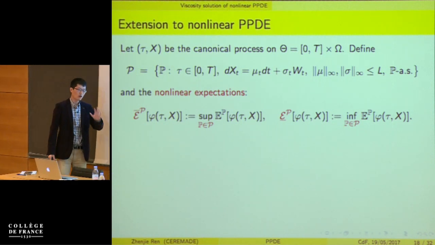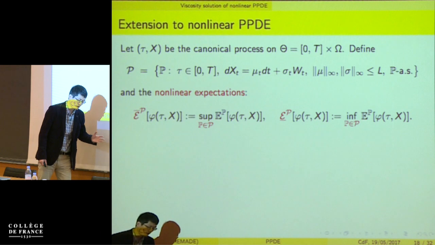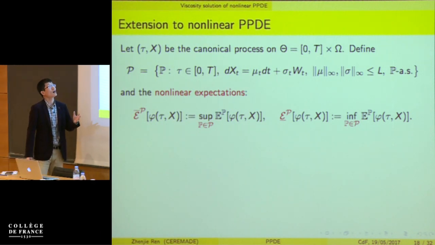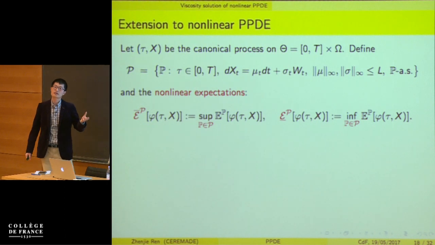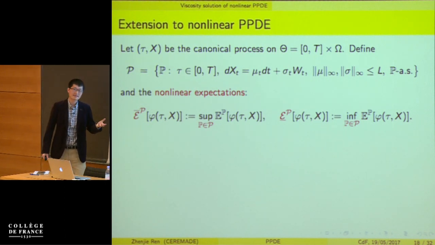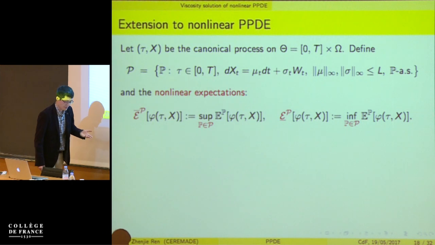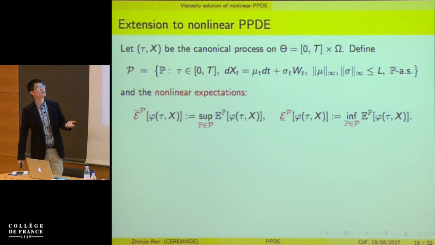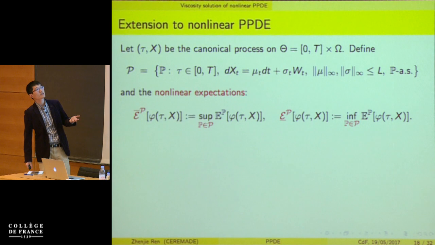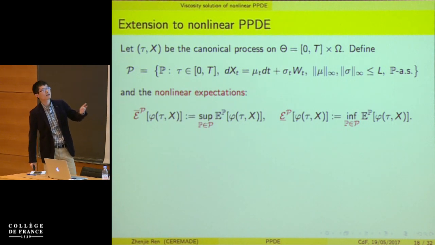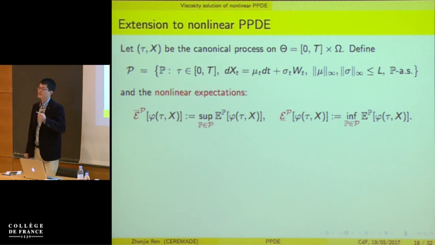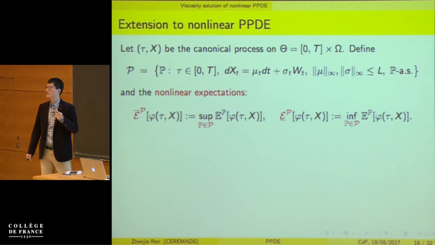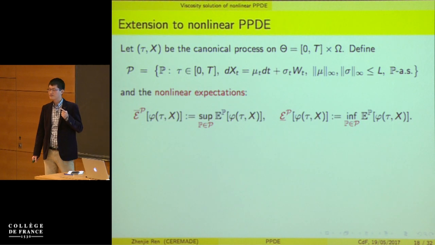And then we consider all those probability laws such that the tau dimension will be a random variable taking value between 0 and capital T, and the path dimension will be a semimartingale with coefficients mu and sigma bounded by L, almost surely. And this L is exactly the same L as the Lipschitz constant of the generator G. That's why this simplifies the story.